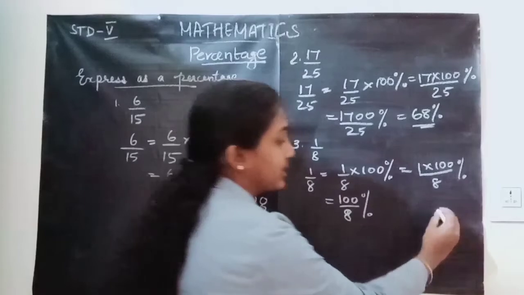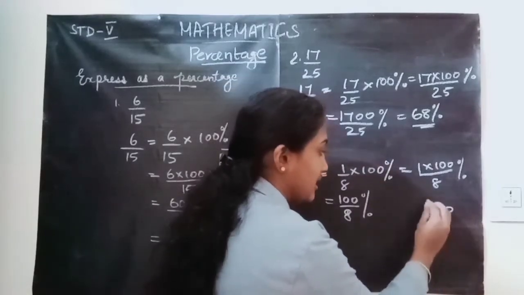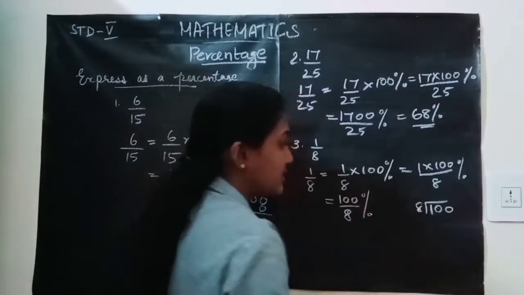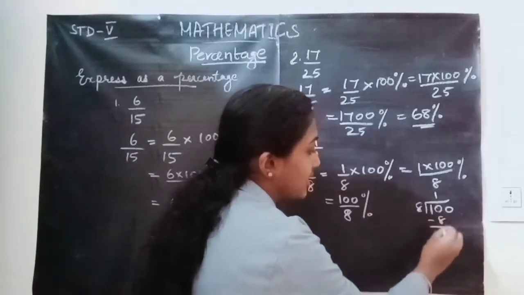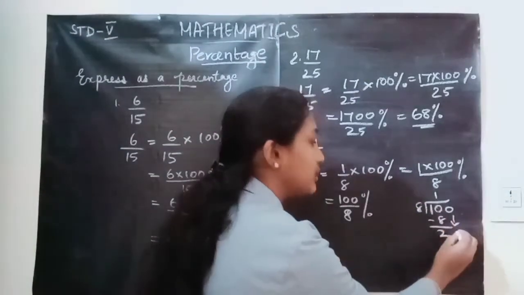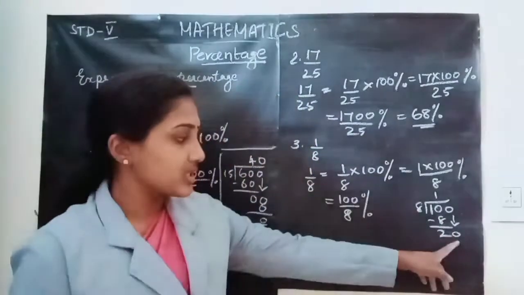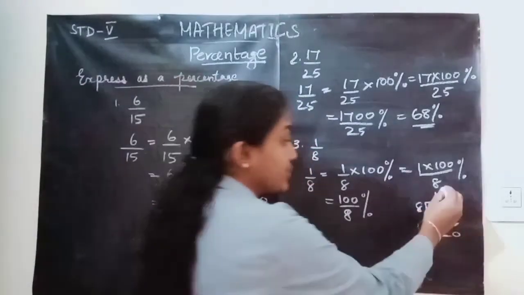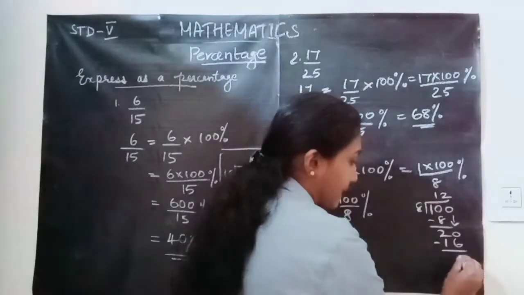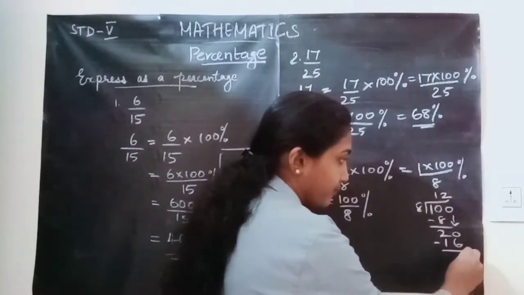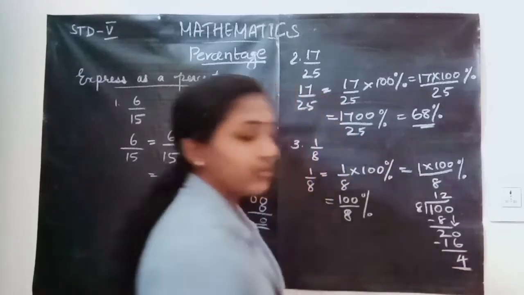Just doing the division here, it's 100 by 8. So 8 into 1 is 8. Subtracting, it is 2. Bring down the 0, it is 20. So 8 into 2 is 16. And subtracting, it is 4 here.